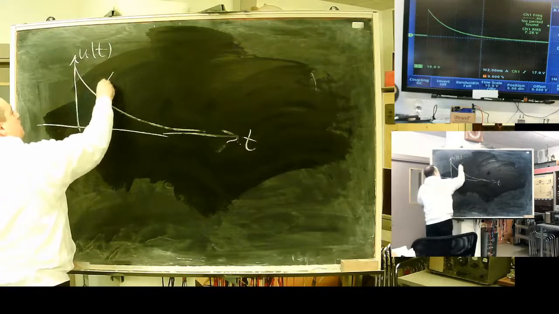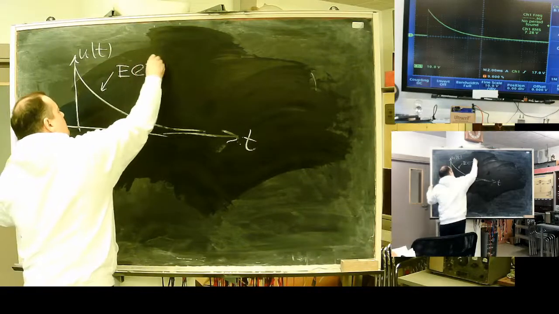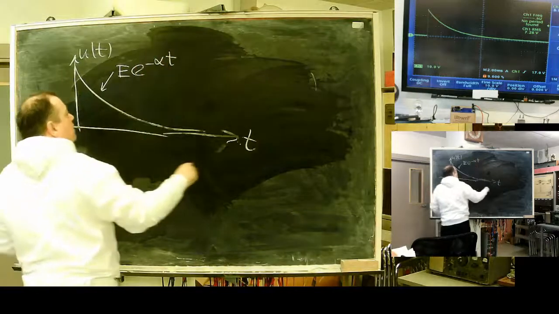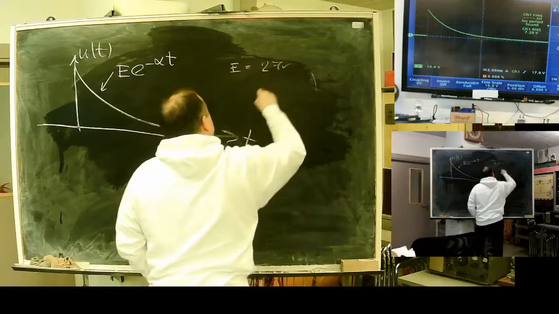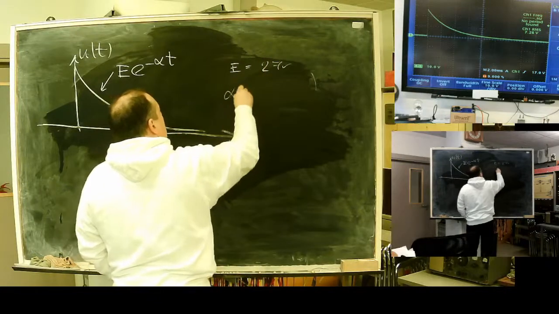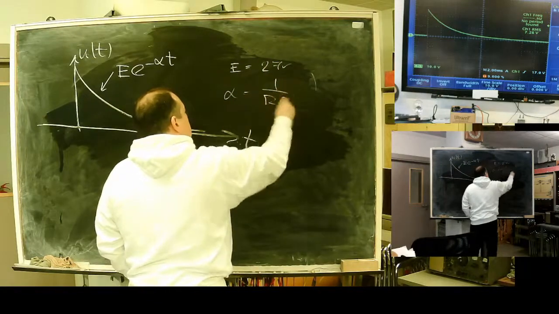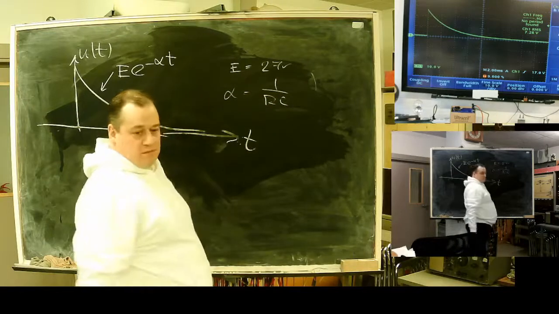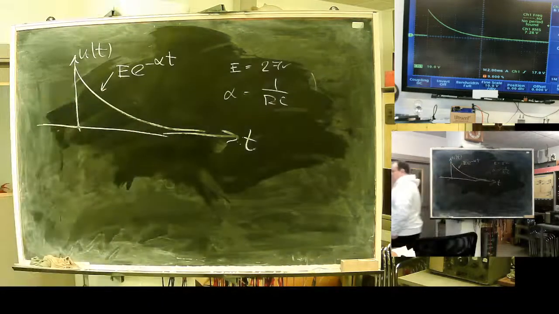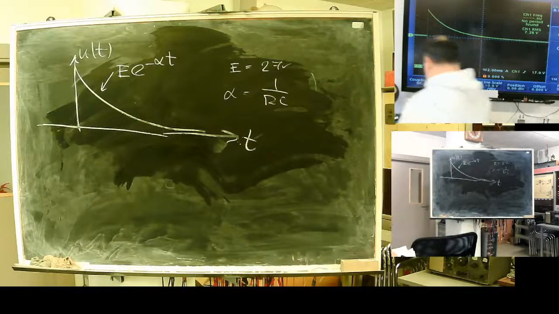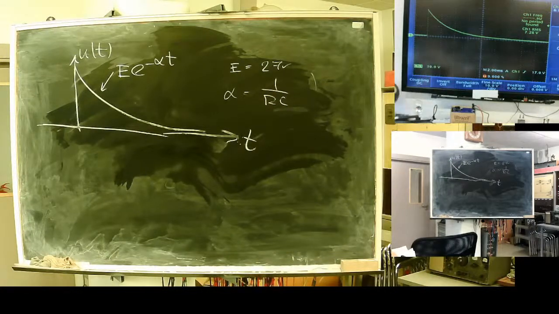It will be E to the power of minus t. In our case, E is approximately 27 volts, and the exponent is minus 1 over RC. You can calculate. Just to show the pulse, 1 second.